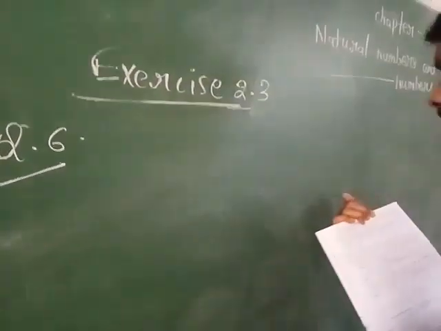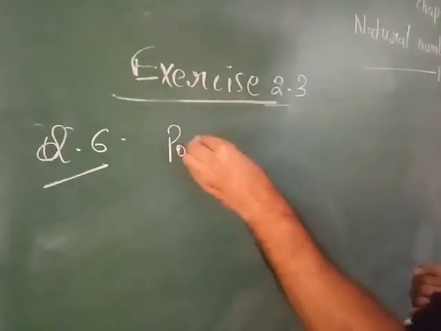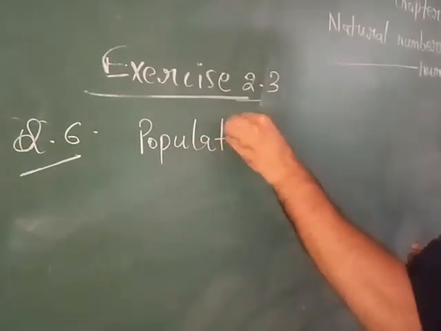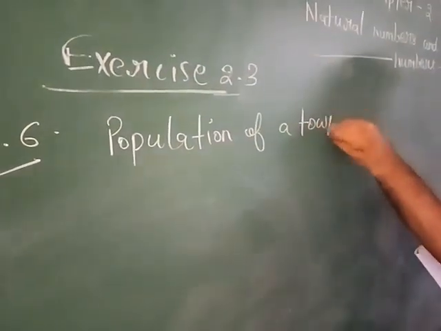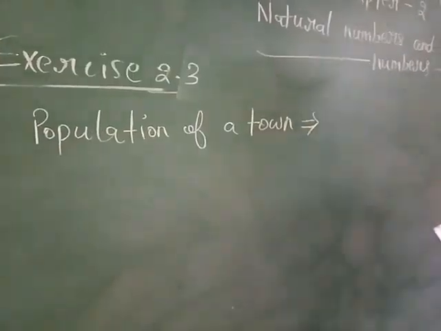In question 6, the population of a town is given. Population of the town is 60,000.